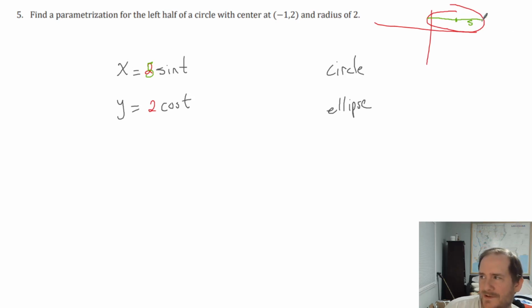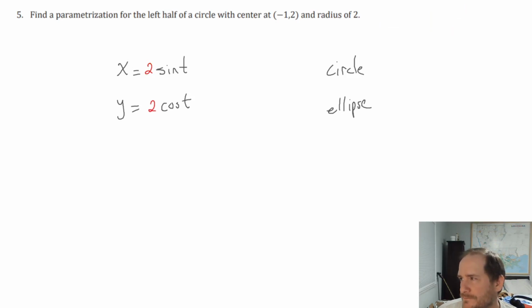That's sort of the x distance. And if I told you that the minor axis was of length, I don't know, 4, then this would be 2 and 2. So you'd want this guy to have a coefficient of 2. If those coefficients were different, then suddenly you're getting an ellipse instead of a circle. I think that's probably pretty obvious to everyone by now. But we're a circle, so it should be 2 and 2.